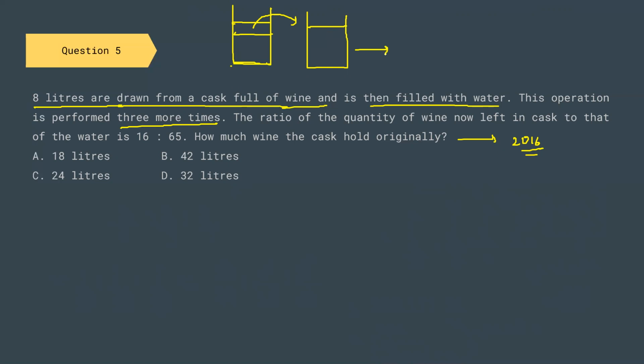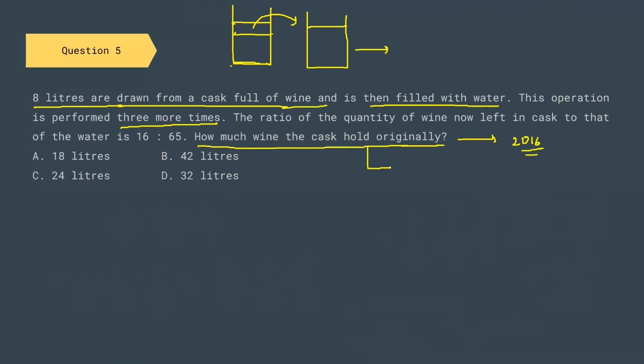The ratio of wine is going to keep on decreasing and the ratio of water is going to keep on increasing. The ratio of quantity of wine now left in the cask to that of water is 16:65. How much wine did the cask hold originally? So they are asking what was the initial quantity of wine in the cask.